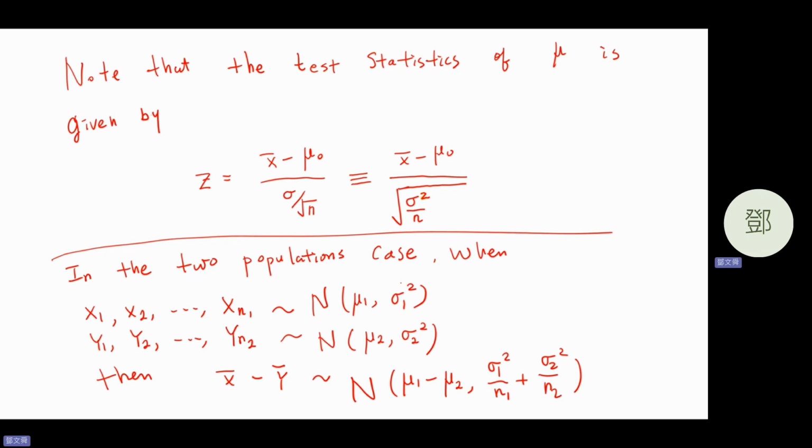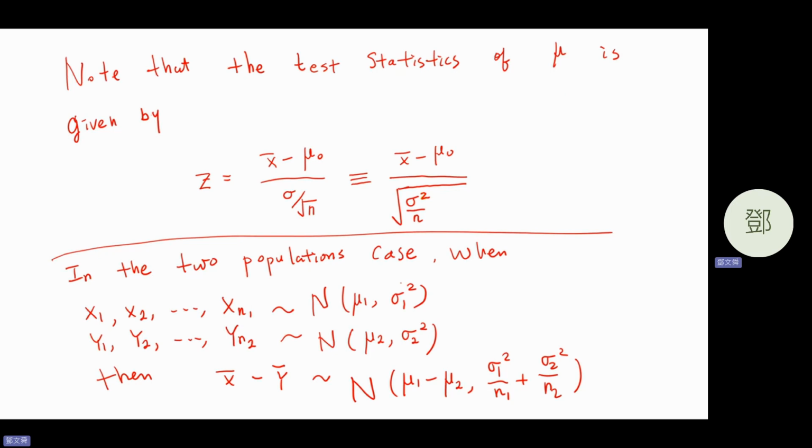This is the test statistic in the one population case, but in two populations we need this formula, and they are exactly the same. Look at these three lines, they are trivially the same.